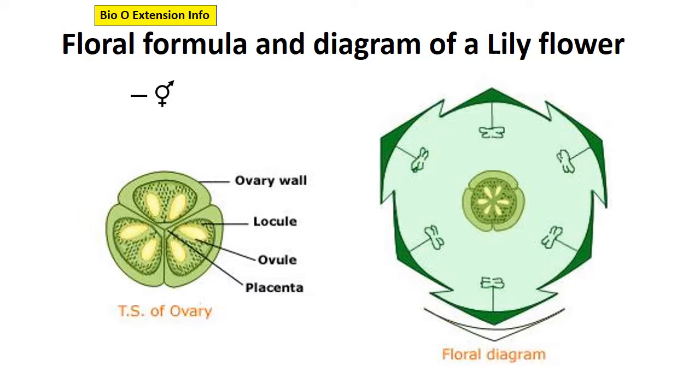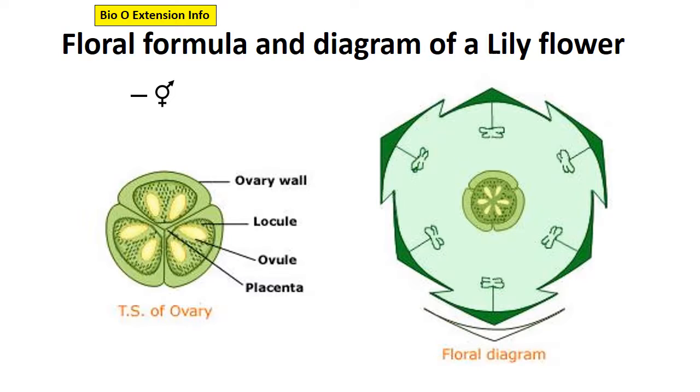And you can see that the stamens are joined to each of these sepals or petals. Sometimes we call them tepals, T-E-P-A-L, if we cannot differentiate whether they are sepals or petals.